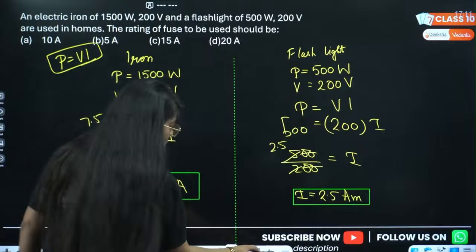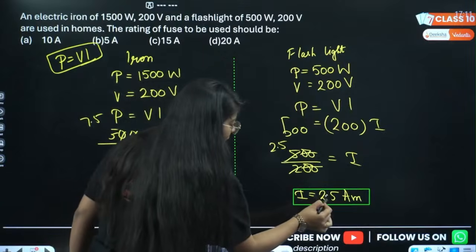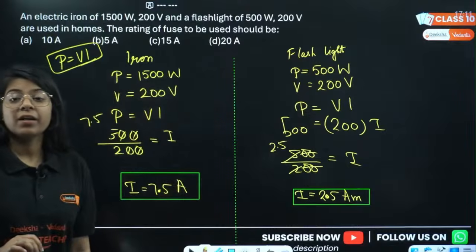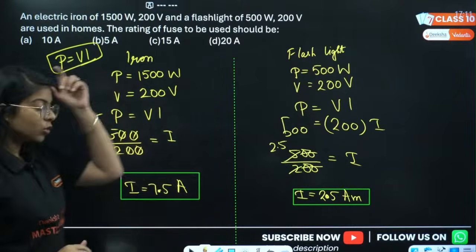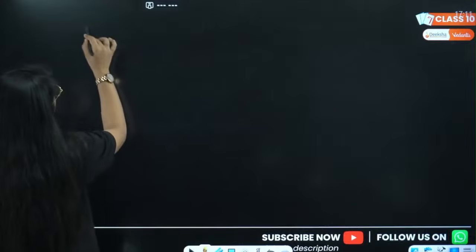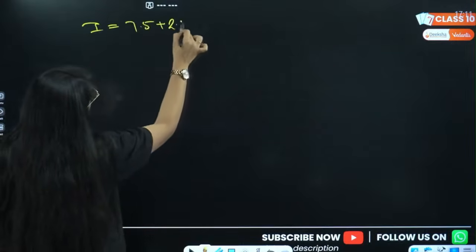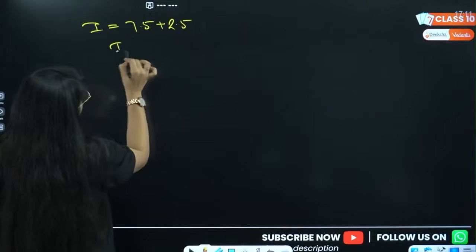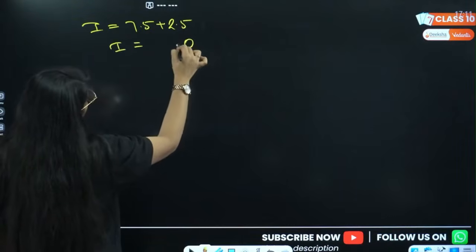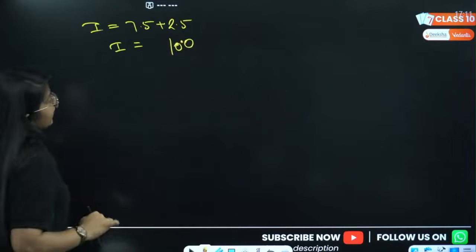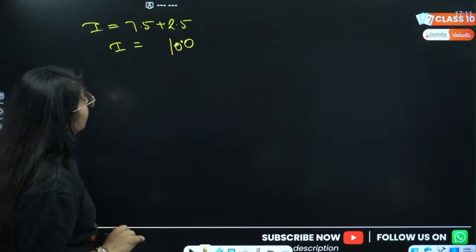Okay? So what I was saying is, these are connected in parallel. That means the current will get added up. So the total current is what? Total current is 7.5 plus 2.5, so the current is 10 ampere.